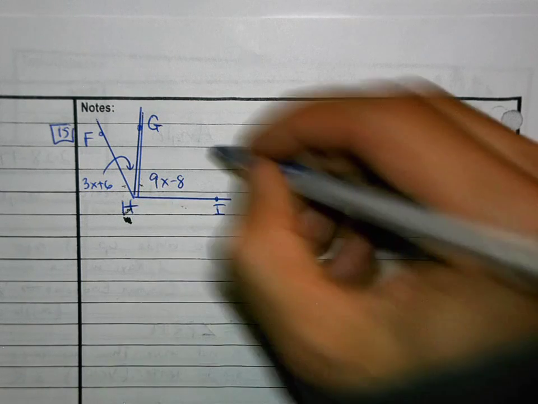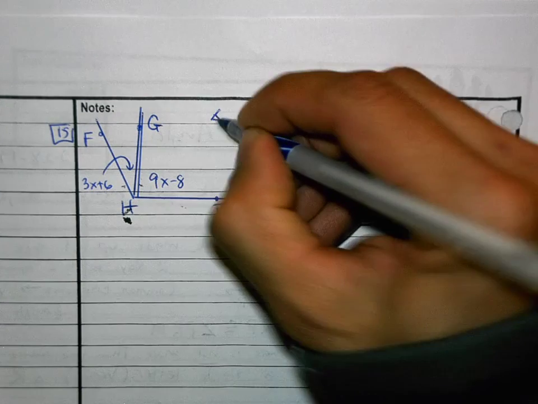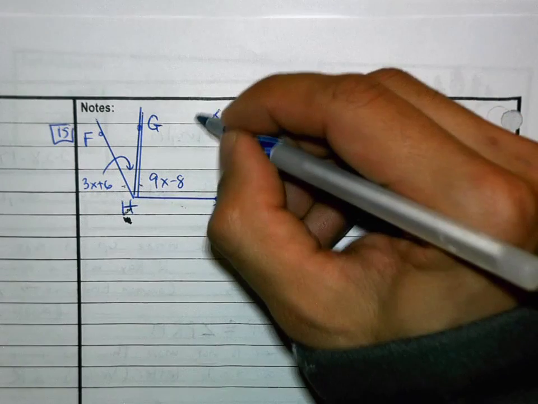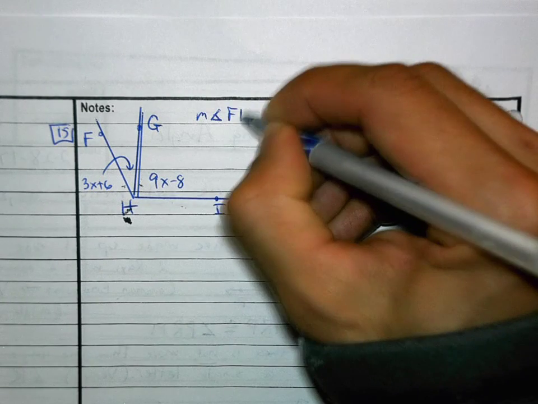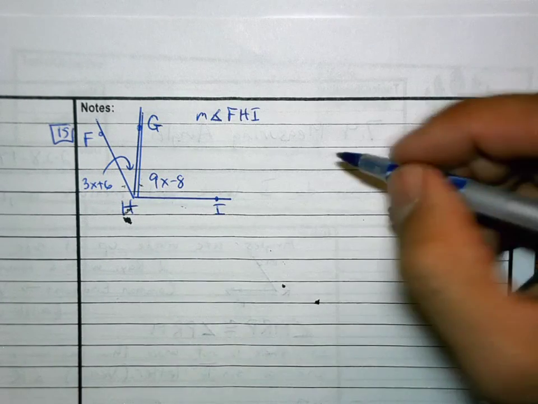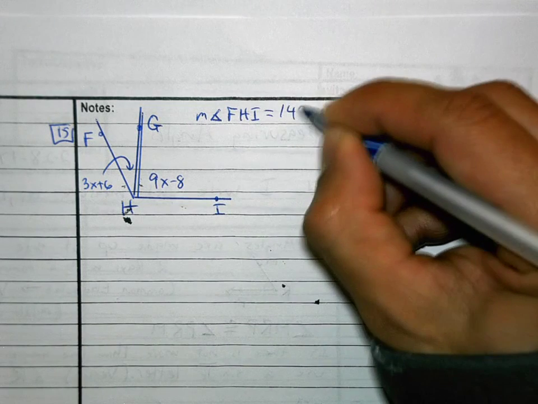Then it will say something like this. The measure of angle FHI, that means the measure of, is 142 degrees.